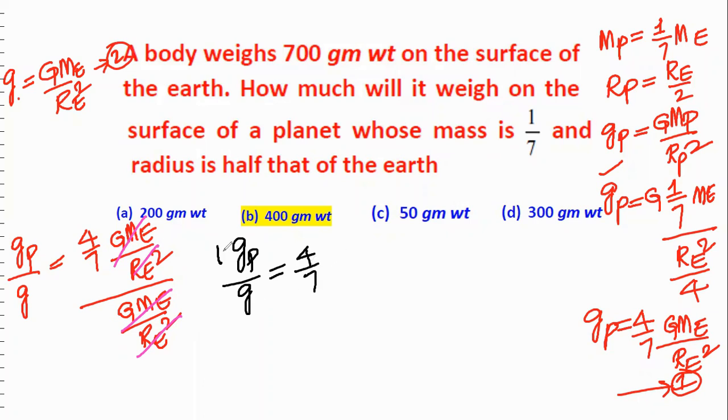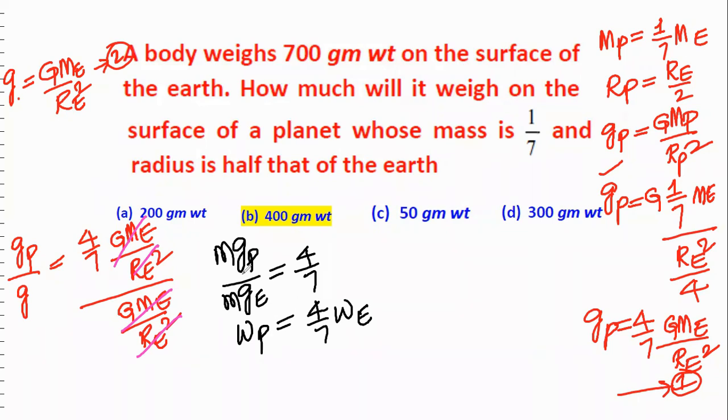This we have to take as weight. Weight is the product of mass and g, so weight is mg, mgp, like that. So weight of the body on the planet, m into Gp, is equal to 4/7 into weight of the body on the Earth.